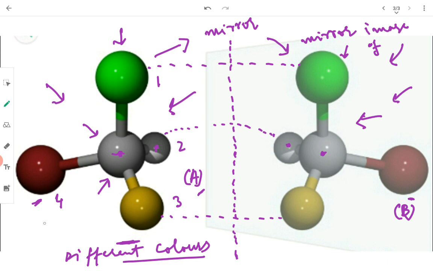But these two groups, this group here and this group here, are differently arranged in these two molecules, so they will not be superimposable.